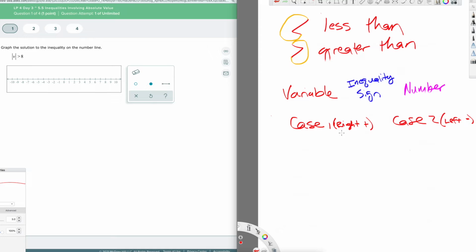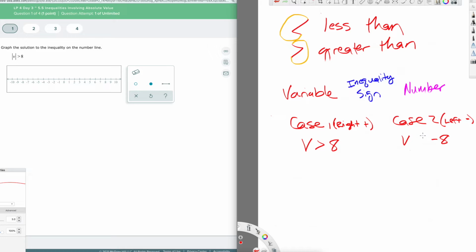So I'm moving 8 units from 0, and I'm going to move 8 units right, or it can be greater than 8 units to the right, or it can be to the left. And when I say left, that means that it's going to land on -8, because that's left of 0.